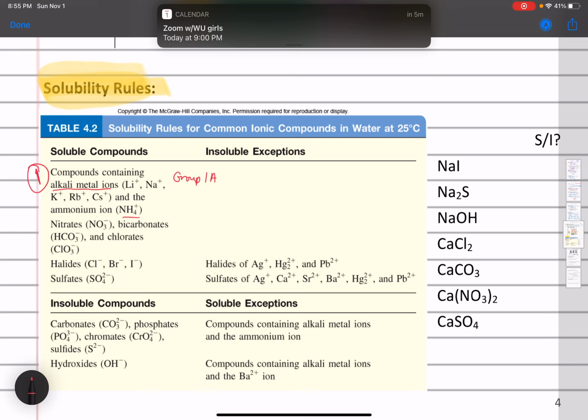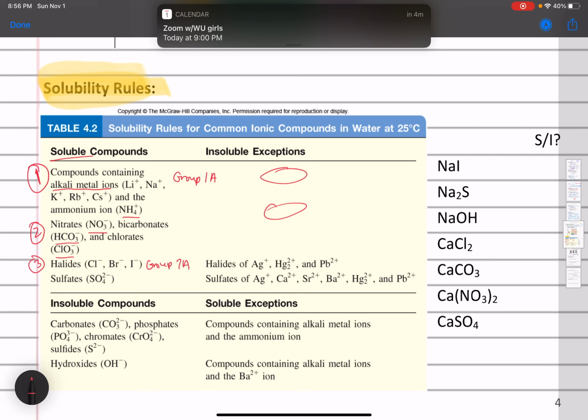There are no exceptions. The second rule is that if a compound contains nitrate, bicarbonate, or chlorate, it too is always soluble. No exceptions.